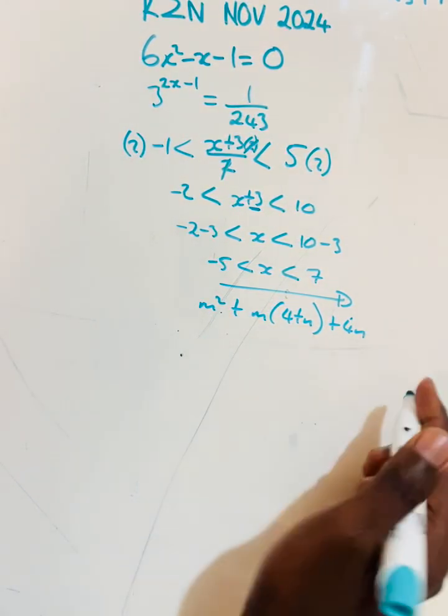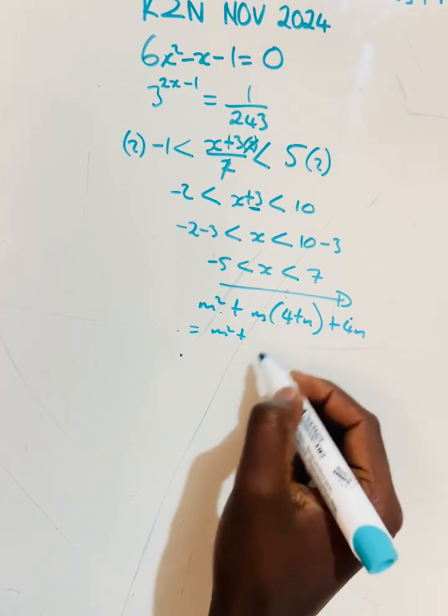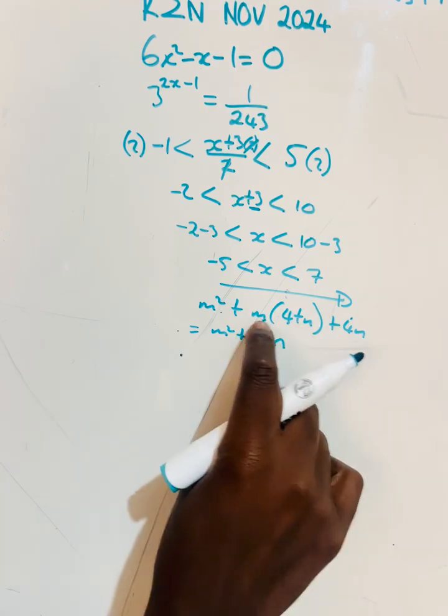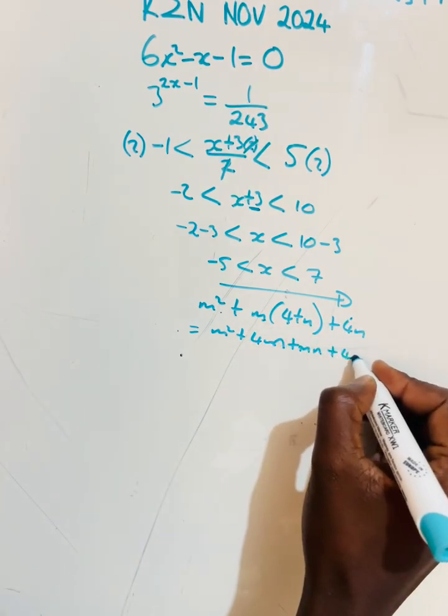So first order of business, I'm going to say m squared plus m by 4, it's 4m, and m times n, it's mn, plus 4n.